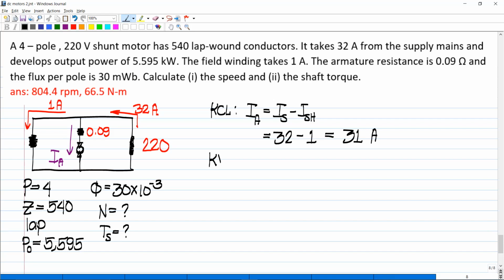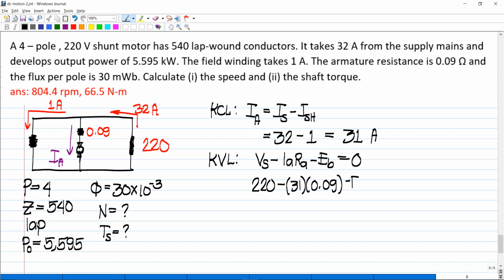Next, we will be using KVL so that we can find the value of the back EMF. So Vs minus IA RA minus E back is equal to 0. Substituting 220 minus 31 for IA, the RA is 0.09, minus E back is equal to 0.